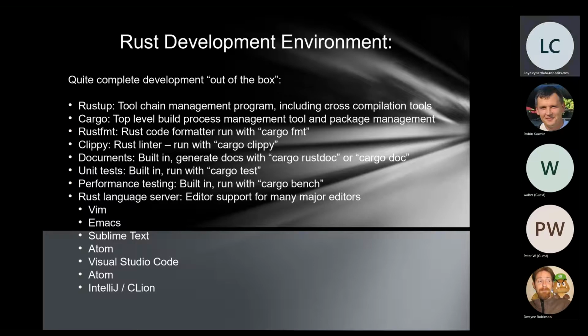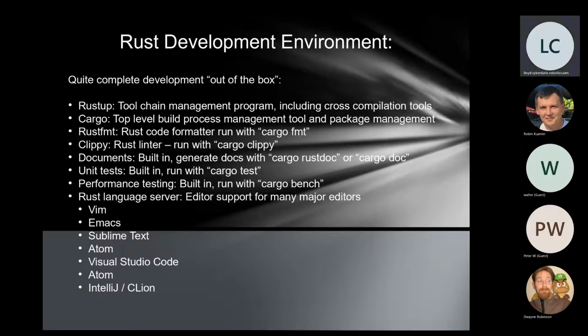So you can basically give Rustup the trigraph, ARM, x86, whatever, and it will pull down the right compiler and cross-compile for you right on your desktop. Cargo is a build process management and package management tool. We'll talk a little bit more about that in a bit. Rustfmt is a formatter, and you run that with cargo fmt. Very much like clang-format, for instance. Clippy is the linter. You run that with cargo clippy.